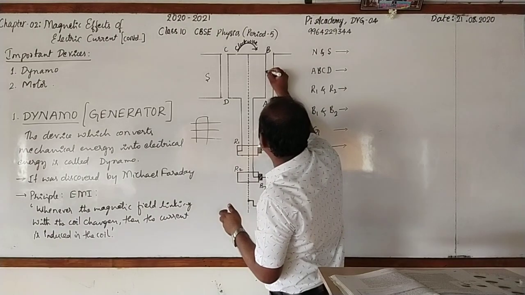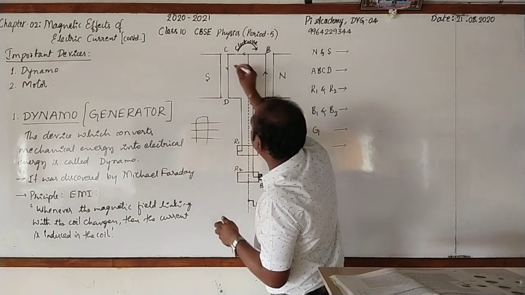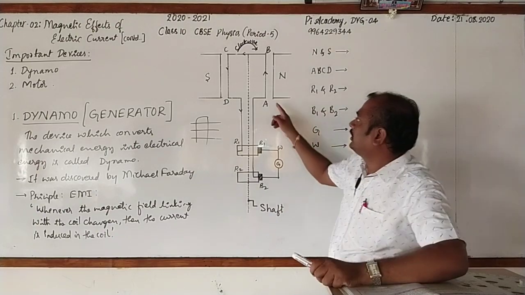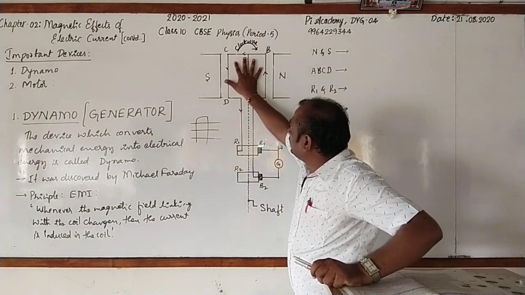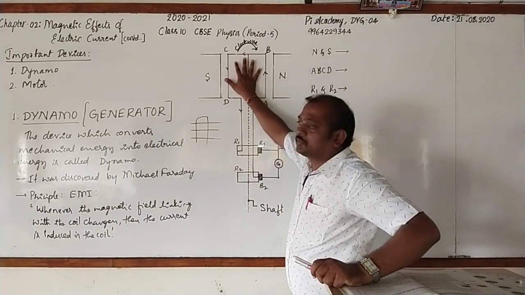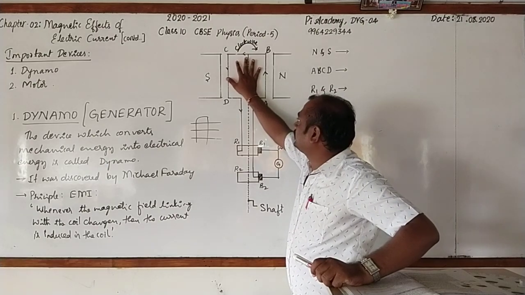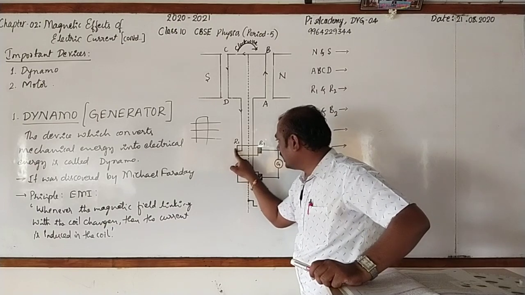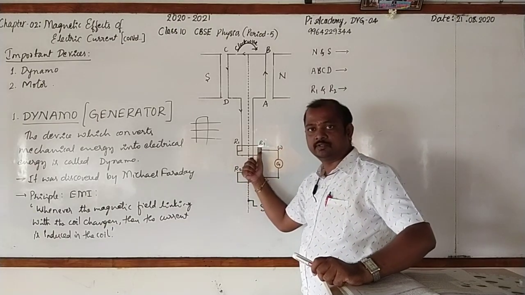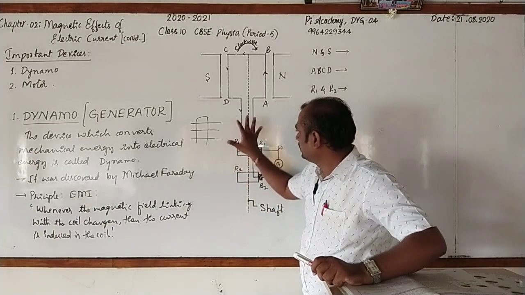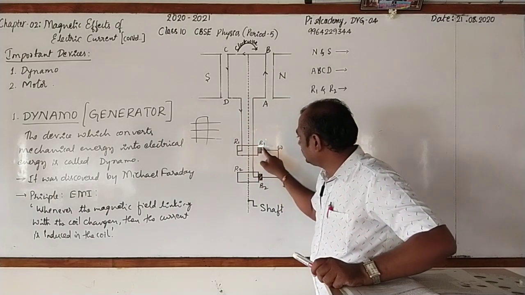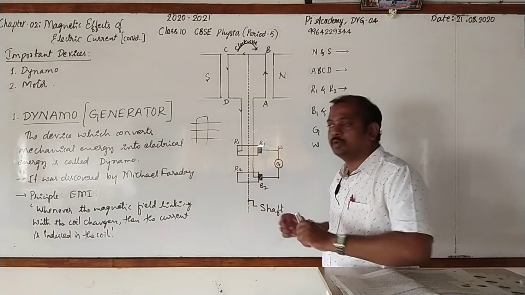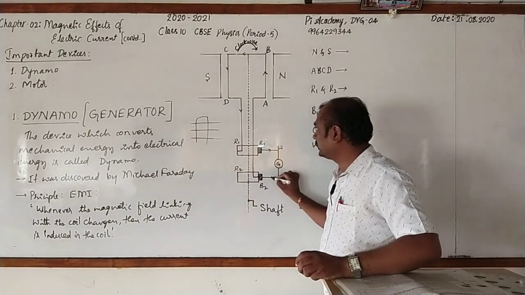Current is induced through A, B, C, D. Clear? Then when the coil is made to rotate half, then look here, this R1 comes in contact with B1, right? Then the current in the external circuit flows from B1 to B2. Hope that you have understood.